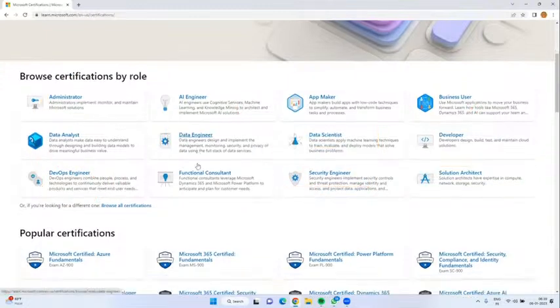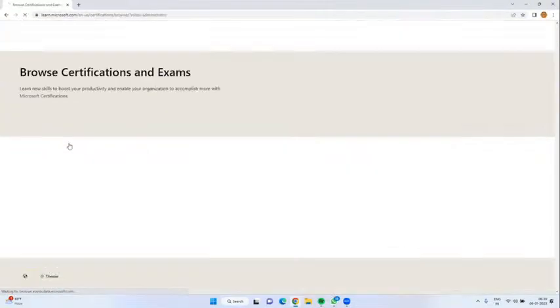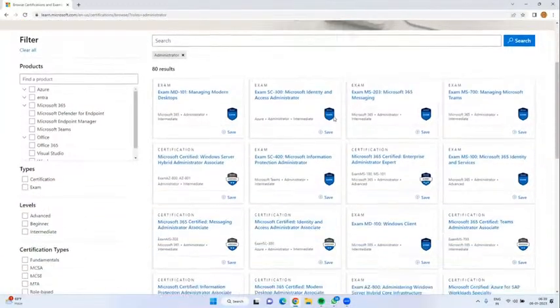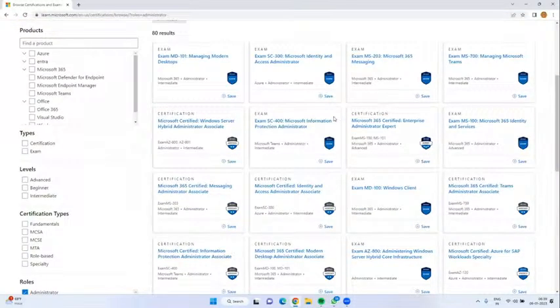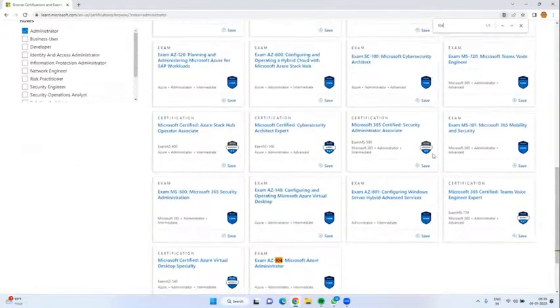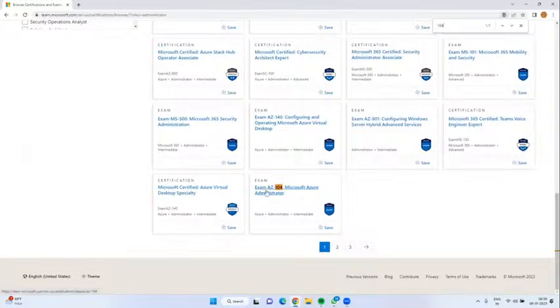Now just go to administrator. See, the Azure administrator certification paper is 104. Just search it, and this is the 104.